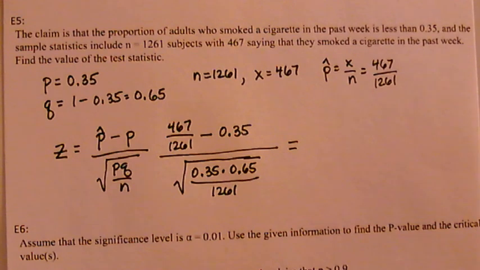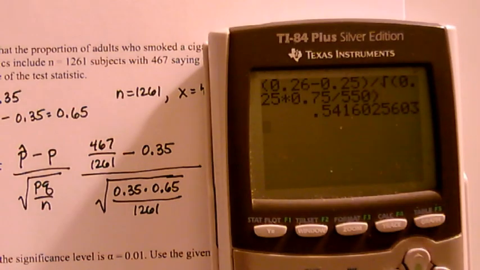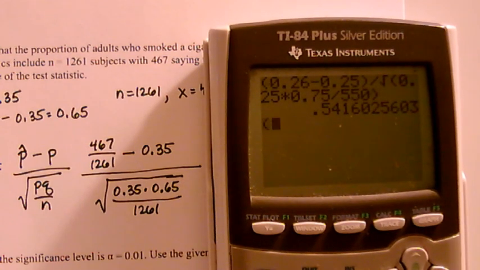Okay, so here's how we enter this in the calculator. We start with left parentheses, and then we'll do 467 divided by 1261 minus 0.35, and close the parentheses.